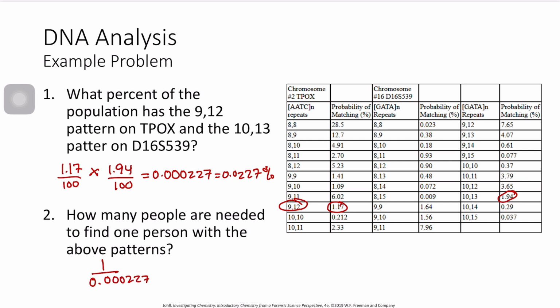Notice that it's the inverse of the probability, not the inverse of the percentage. I can do 1 divided by 0.000227. And that means that I would have to look at about 4,000 people in order to find one person with this type of pattern.